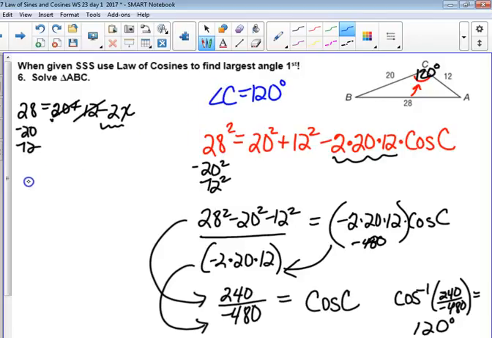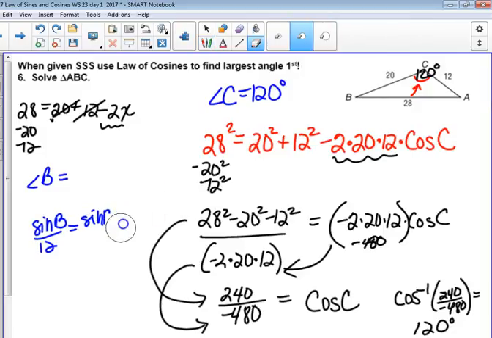What do you want to find next? Okay, angle B. We do sine of B is across from 12 in the same way the sine of 120. You could do law of cosines again, by the way, if you really like law of cosines. Most of us just don't really want to have to do all that backwards again.